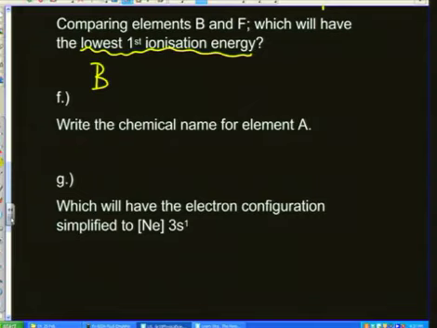Why? Well, because it has the most energy levels. Trying to get fast with my handwriting. It doesn't work.